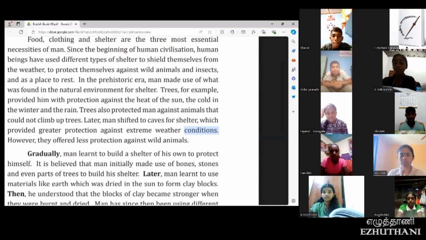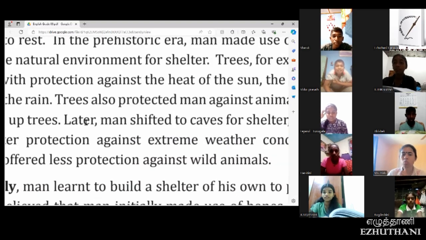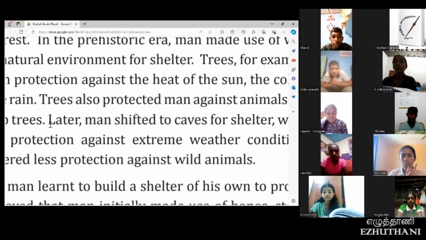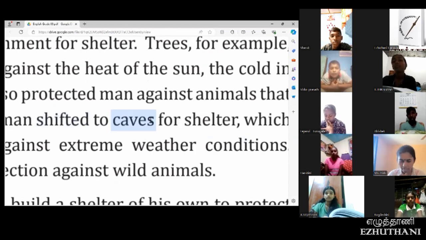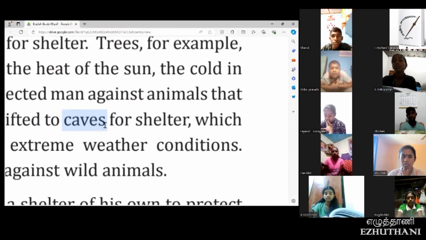Okay, that sentence is good. We're going to read this one more time, okay? Later, man shifted to caves for shelter. உறைவிடம்.